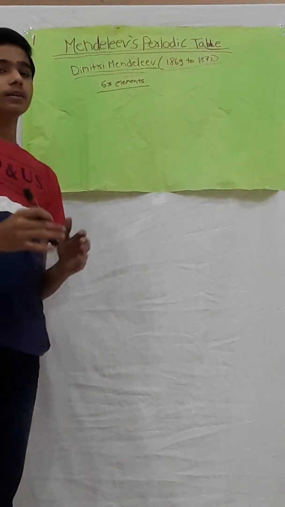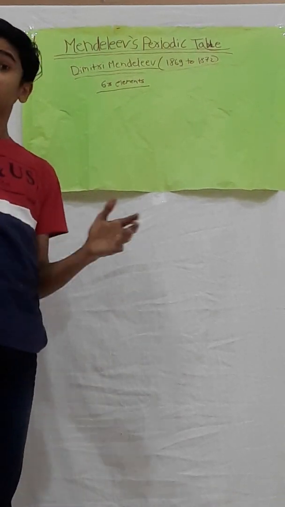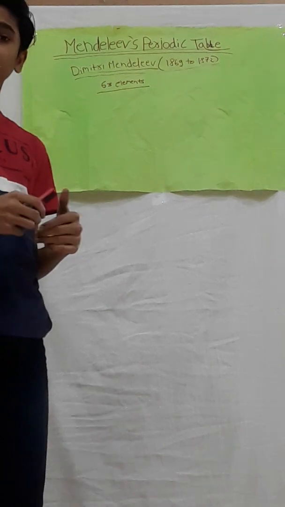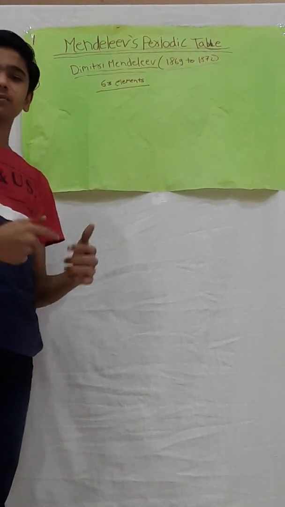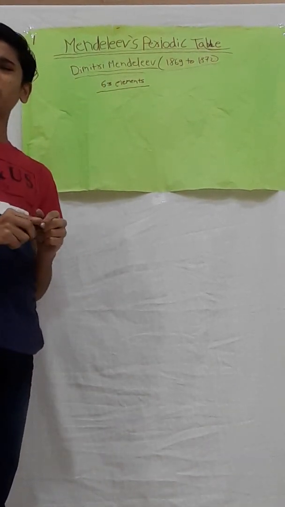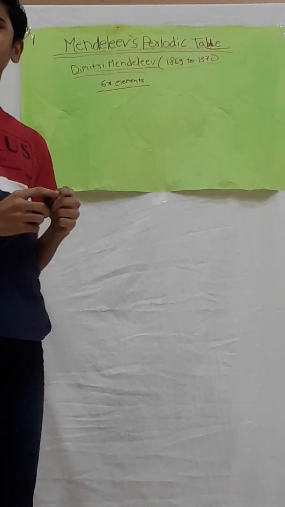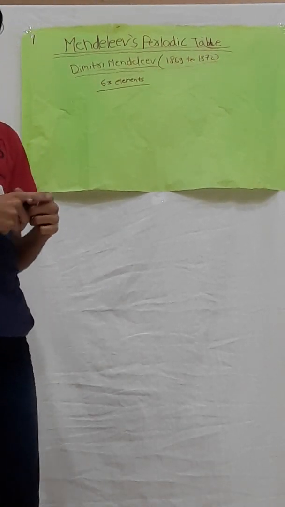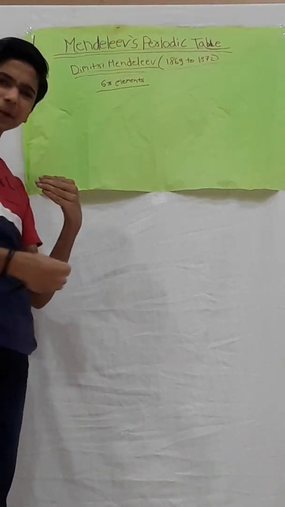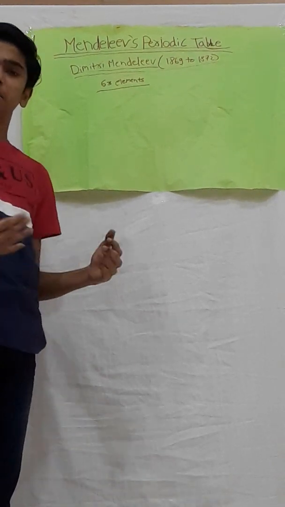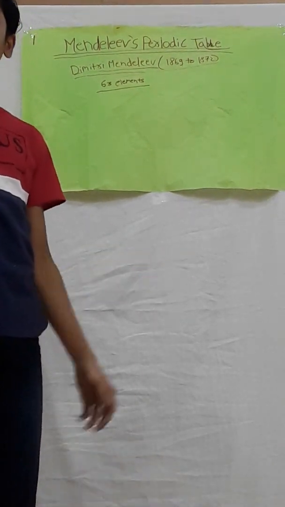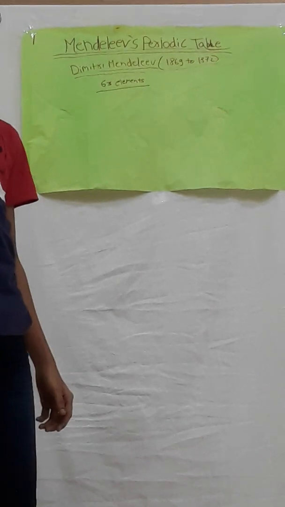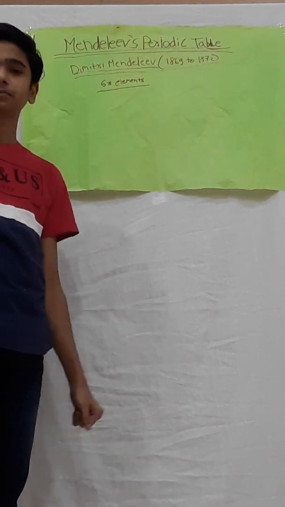Mendeleev found that the chemical and physical properties of the elements repeat again and again, meaning periodicity is seen in the properties of the elements. Hence, the classification is called the periodic table.